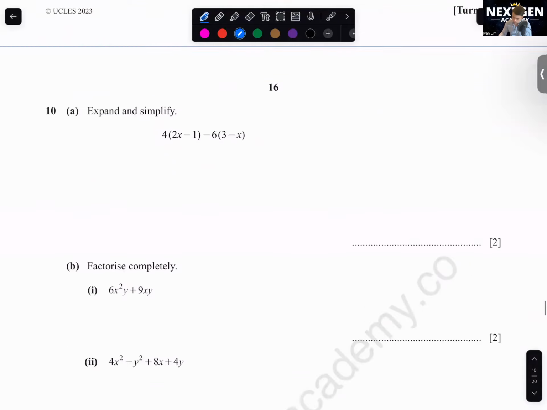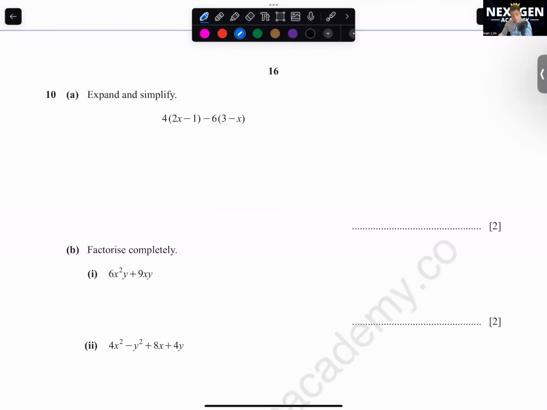Question 10. Expand and simplify. Okay, pretty easy. Let's expand it. 8x minus 4 minus 18 plus 6x. 14x minus 22. Do I need to factorize this? Okay, don't need. So just leave it as 14x minus 22.